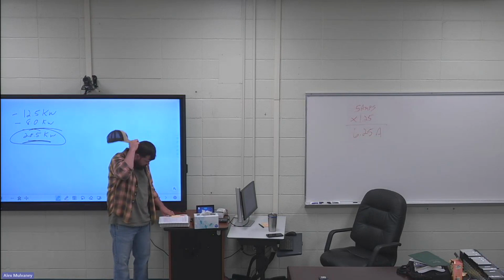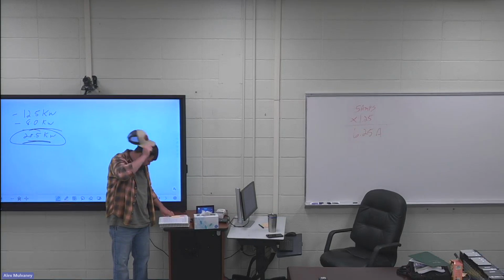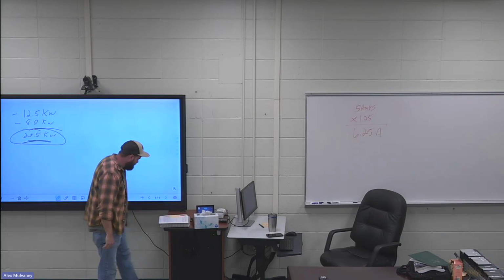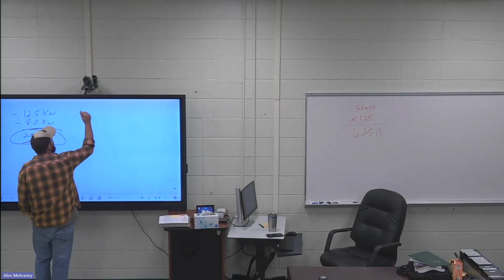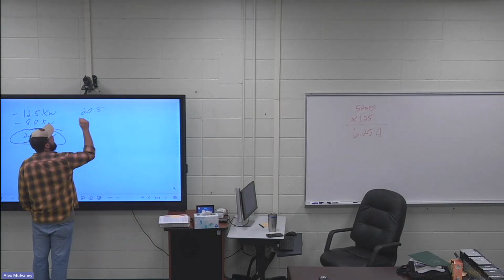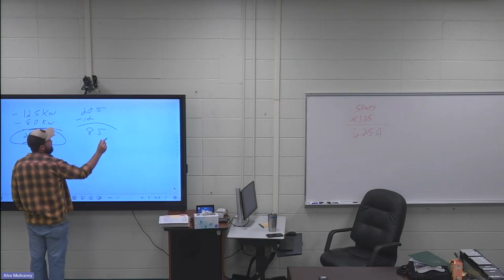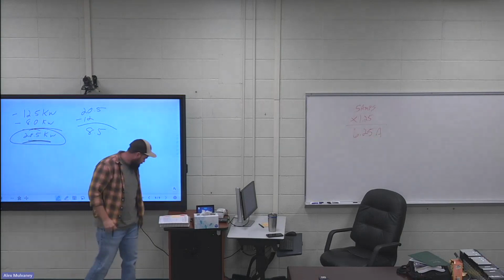So it says for every kilowatt over 12, we have to increase it by 5%. So now we have to take our total 20.5 and see how far we are over 12, right? So it leaves us with 8.5.